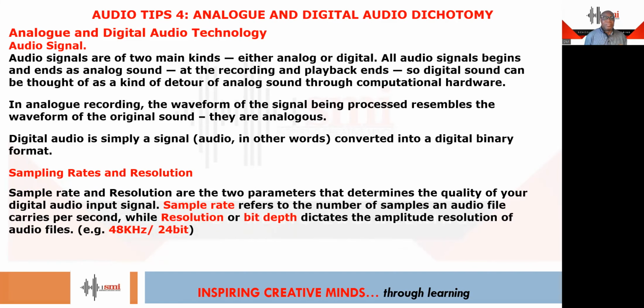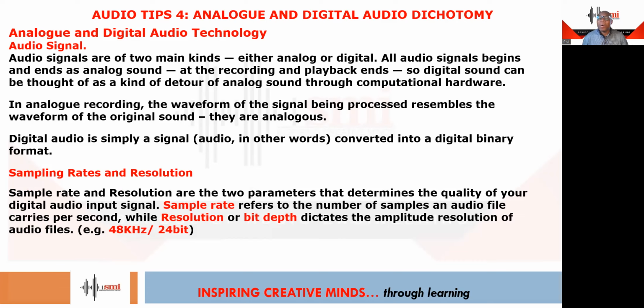Sample rate and resolution are the two parameters that determine the quality of your digital audio input signals. That is what your digital device, or let's say mixer, is capable of doing at the conversion. So what is the sample rate?